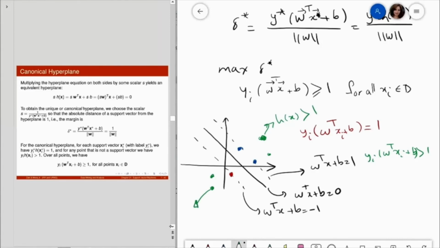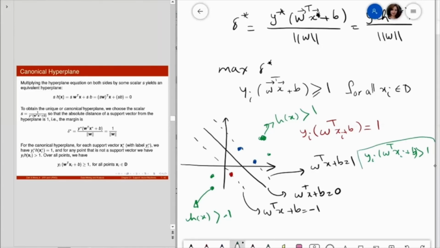If they are on the red side, h of x is going to be less than -1. Right? So when we multiply them with their label, then they're going to be more than 1. All right.